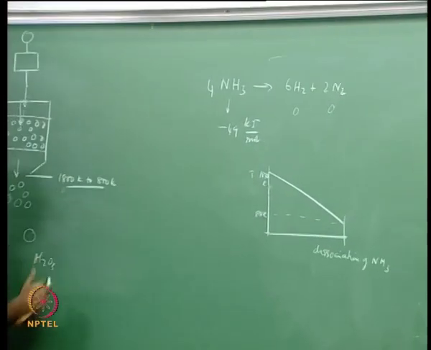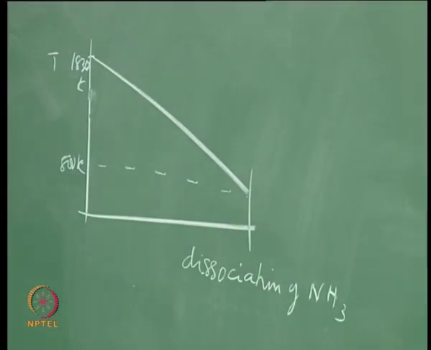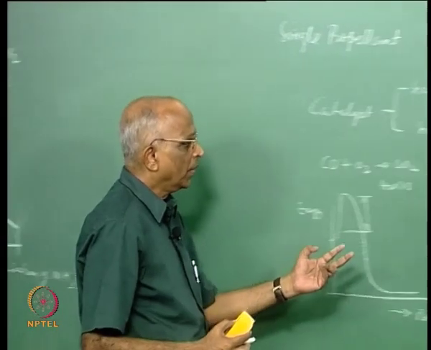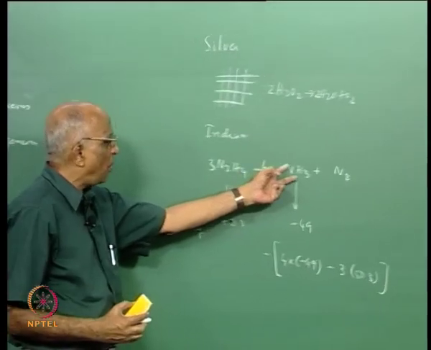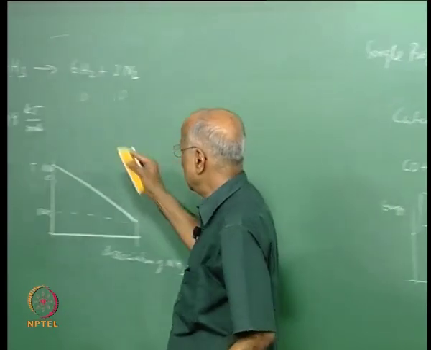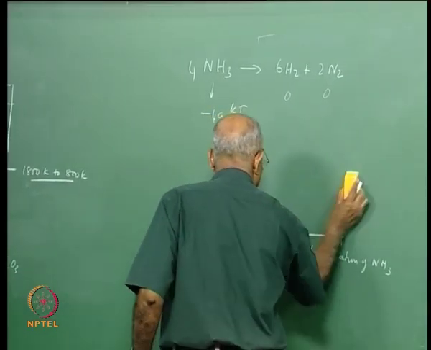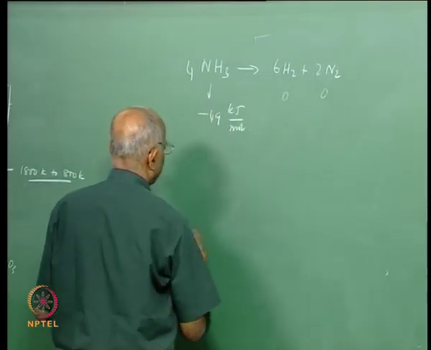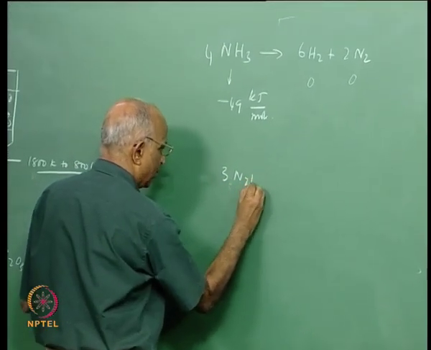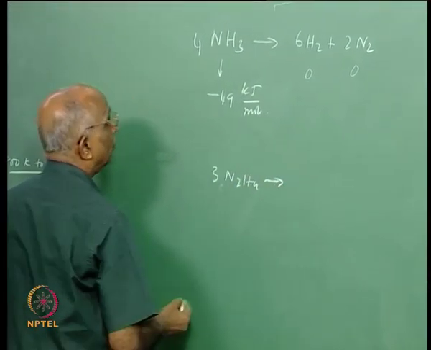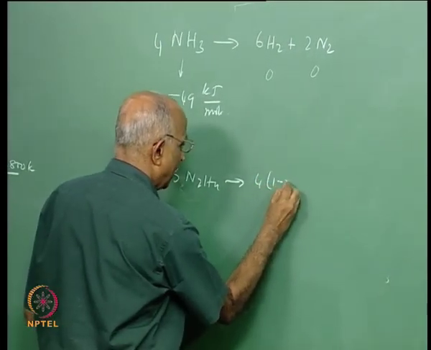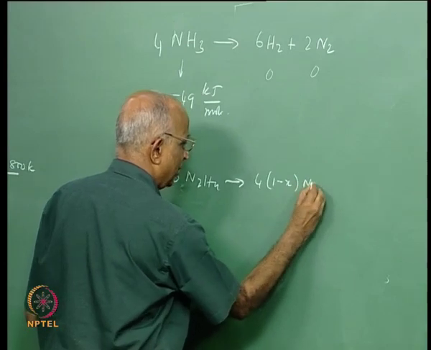How do I write both these reactions together? If I now say X of the 4NH3 which is formed dissociates, I can combine this equation and write it as 3 N2H4 is equal to, now I get 4 times (1 minus X) of NH3 left, since X has dissociated.